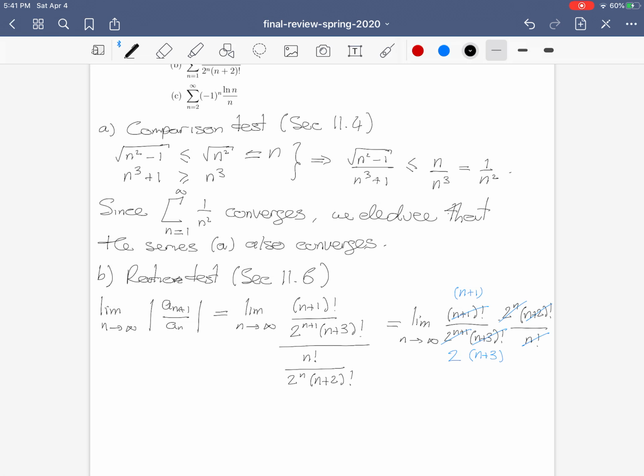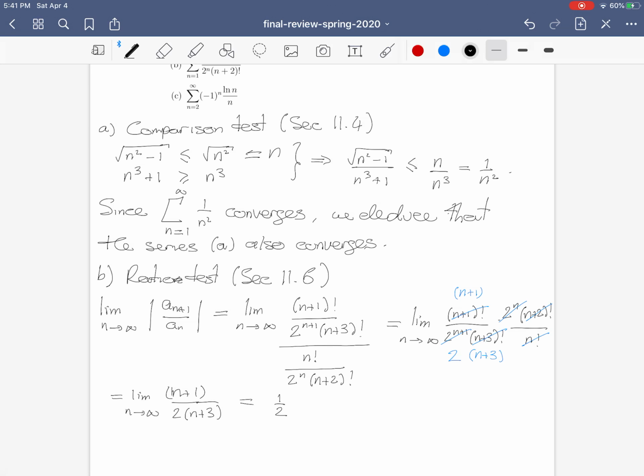So what I'm left with is the limit as n tends to infinity of n plus 1 divided by 2 times (n plus 3). On my numerator I have n plus 1, on my denominator I have n plus 3. If I take the limit of their ratio, that's going to give me 1.